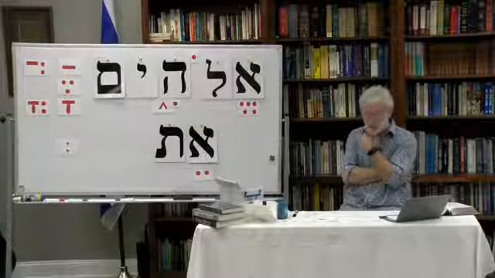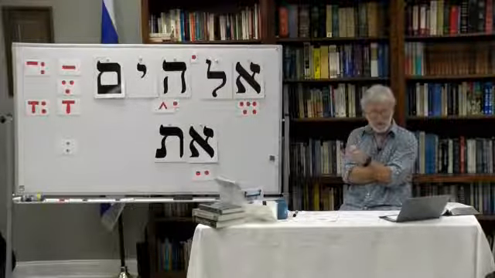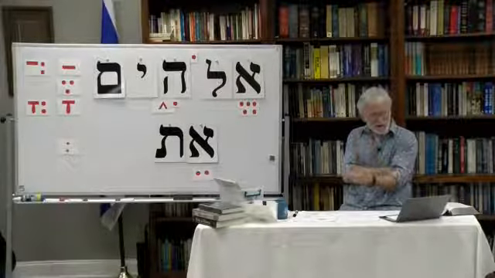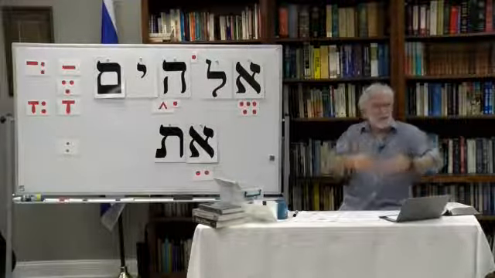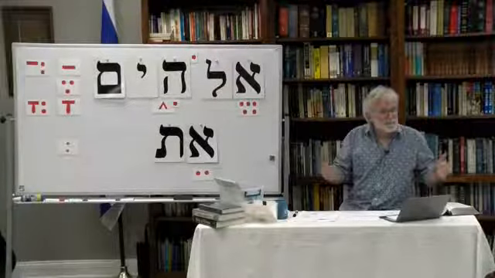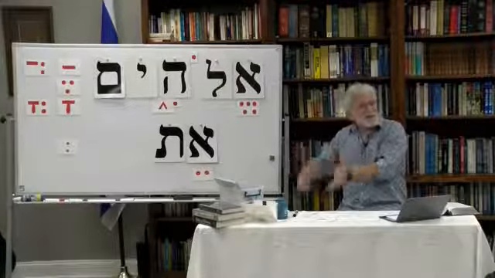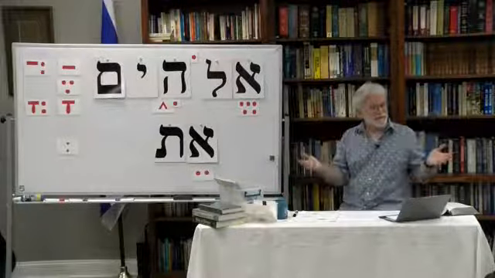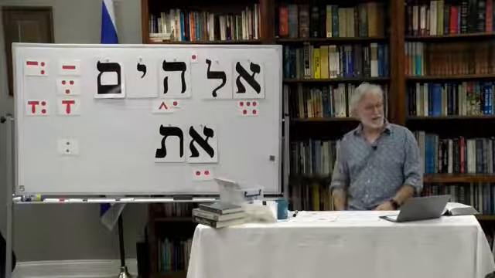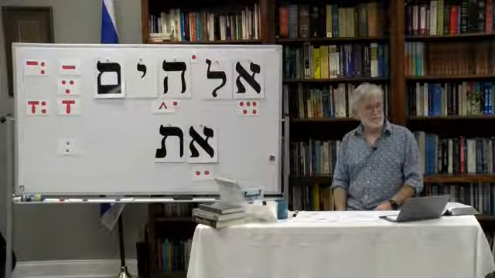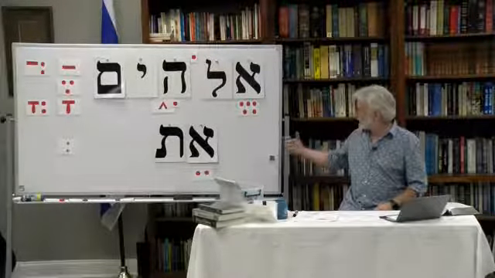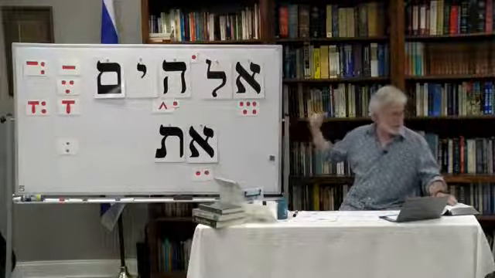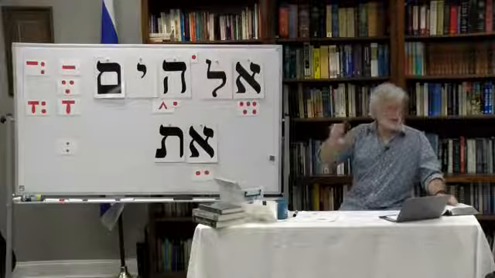It's a word representing a person or a thing upon which the action of a verb is performed. If you remember in the first part of our verse, it says, in the beginning, Elohim created. Created what? Et hashamayim v'et ha'aretz. The skies and the land. So et occurs before the heavens and before the earth.